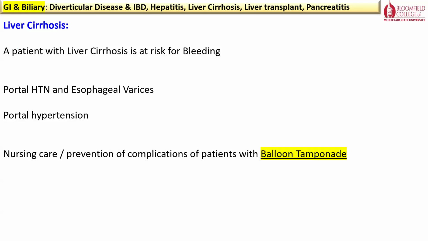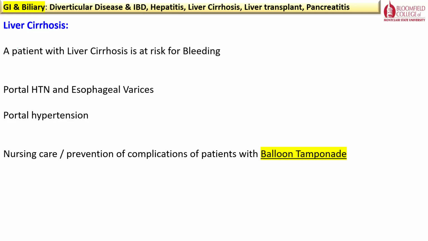So anytime you have a patient with this type of balloon, and one of the most common ones is called the Sengstaken-Blakemore tube, read about this in my PowerPoint slides and in the book, you'll find good coverage.